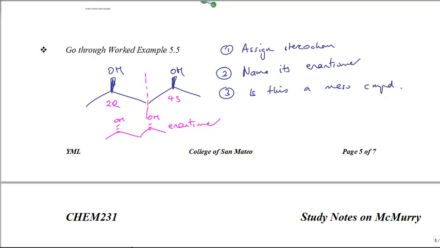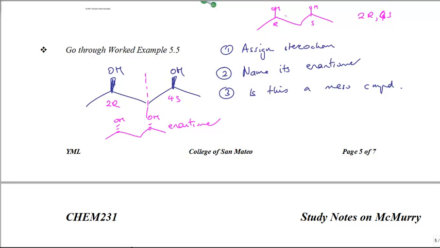Okay, it's right there. And you know another way to see it? Yeah? Here, even if I didn't draw it, alright? Even if I just gave you this, and I told you it's 2R, 4S, you got me? By the time you've got that, if this is an R, this is an S. Is that right? 4S, sorry.